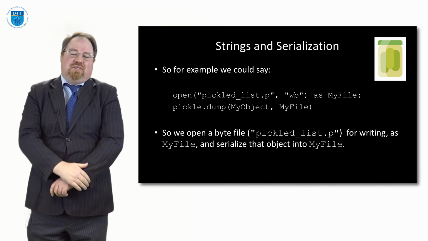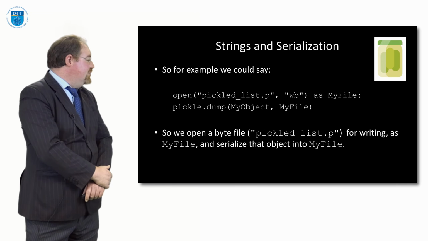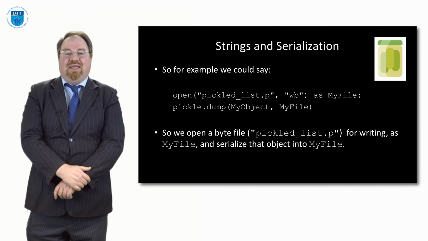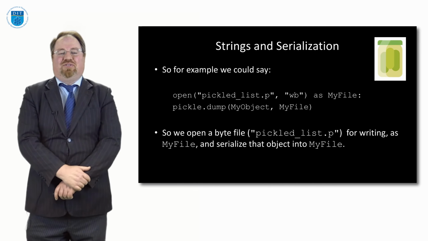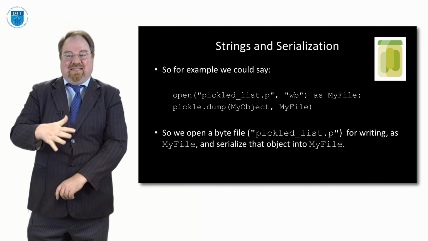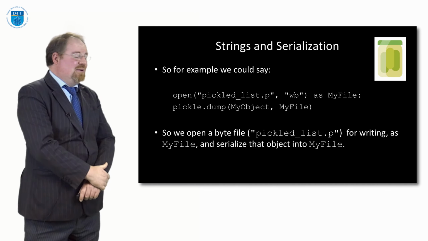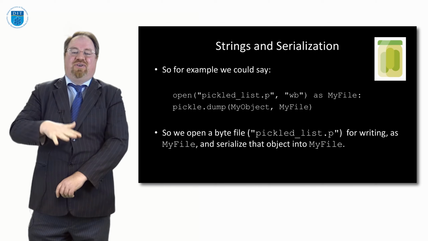A few comments. In a lot of books on Python, and indeed on a lot of websites, they don't use the .p extension to represent the file name, so they just have pickled_list. I think that's a bit confusing, and I always like to give files an extension. By calling it a .p, I'm saying this is the pickle file, this is the file I'm storing it into.